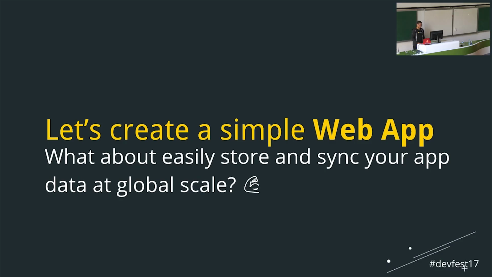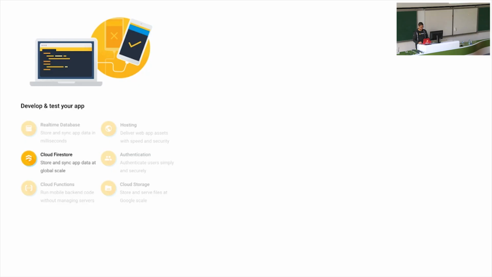Okay, so let's try to store and sync data using Cloud Firestore. This is one of the features that I'm most excited about in Firebase because we had the real-time database for quite a long time, but we didn't have a strong structure that we could use to build our app, because the real-time database in Firebase is all about a JSON file where you have keys and values.